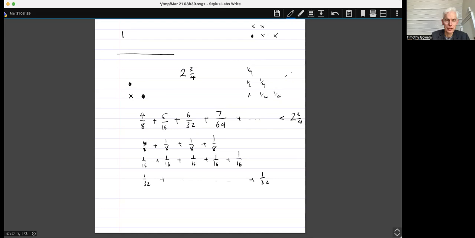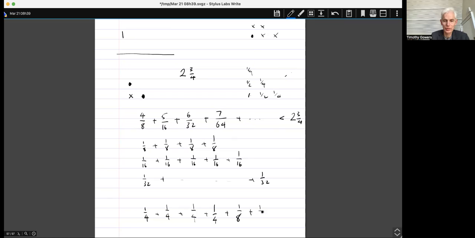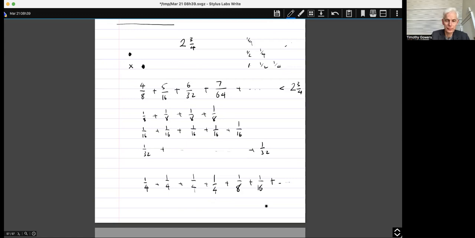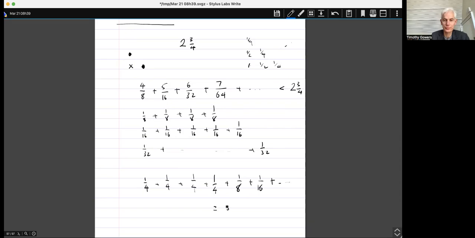We get an 8th plus a 16th, that makes a quarter. That makes a quarter. That makes a quarter. And that one makes a quarter. But now it's going to start dropping, plus an 8th, plus a 16th, plus etc., which is 1 plus something, and it equals 5 over 4, which is definitely a lot less than 2 3/4.